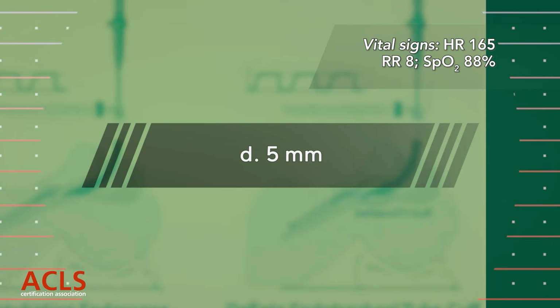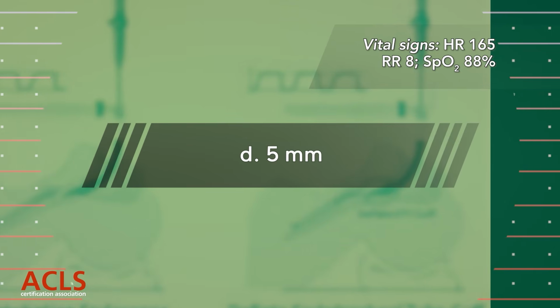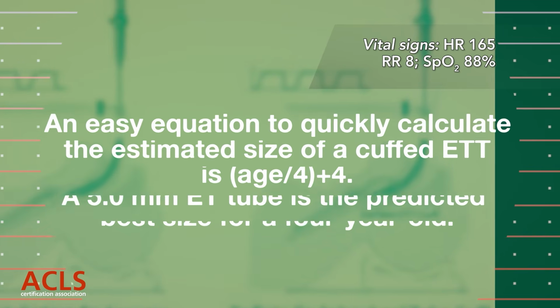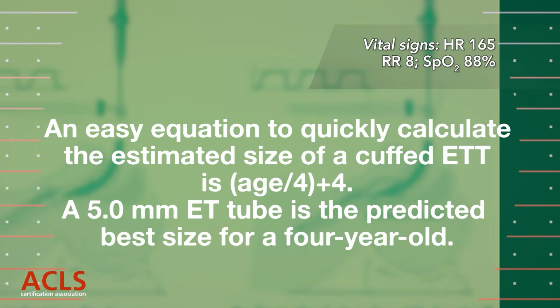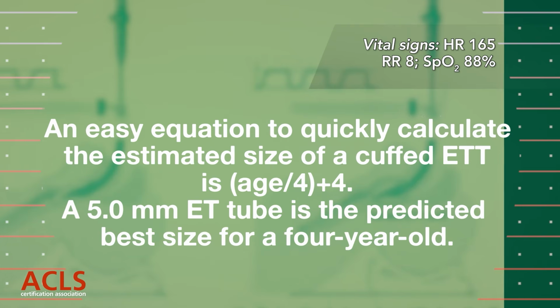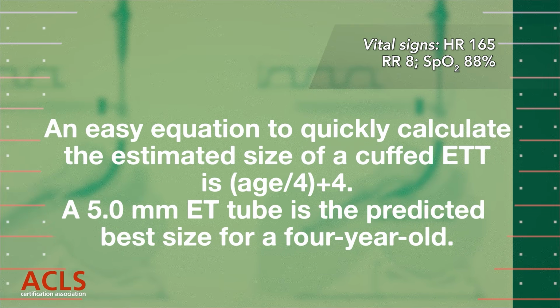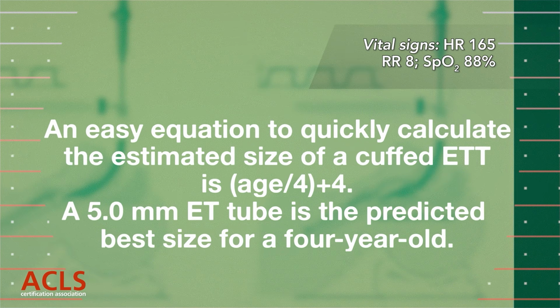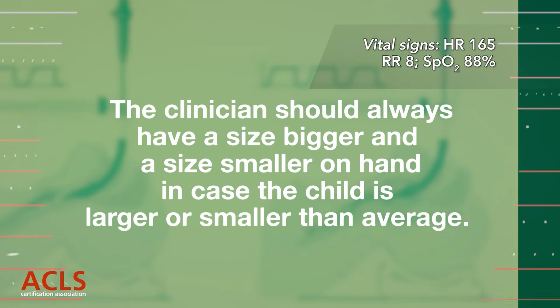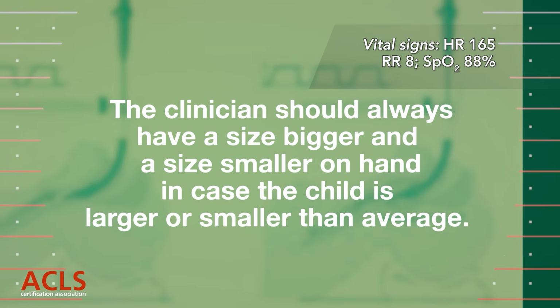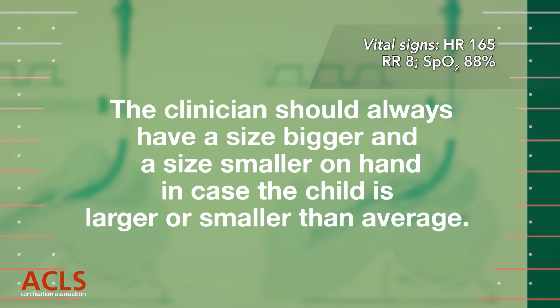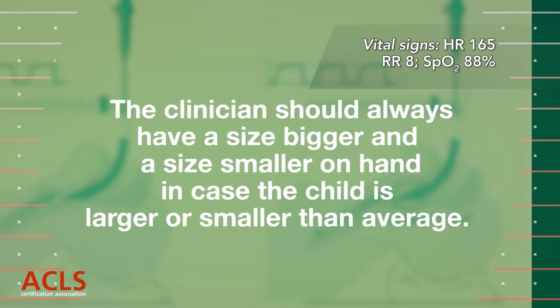Correct answer, D. 5 mm. An easy equation to quickly calculate the estimated size of an ETT is age divided by 4 plus 4. The clinician should always have a size bigger and a size smaller on hand, in case the child is larger or smaller than average.